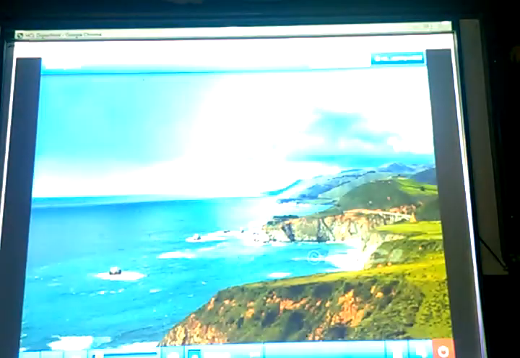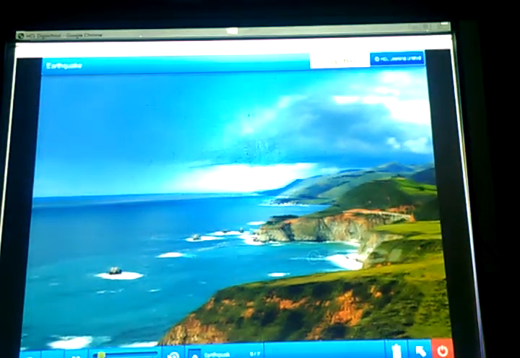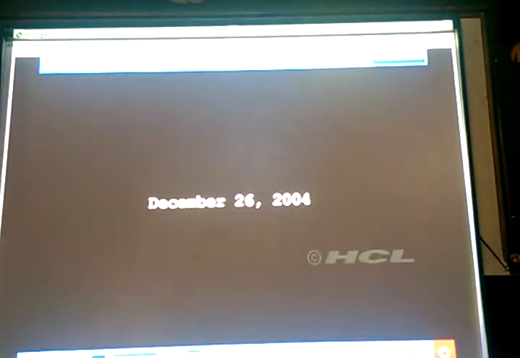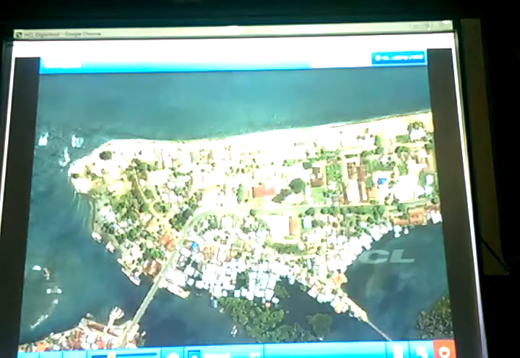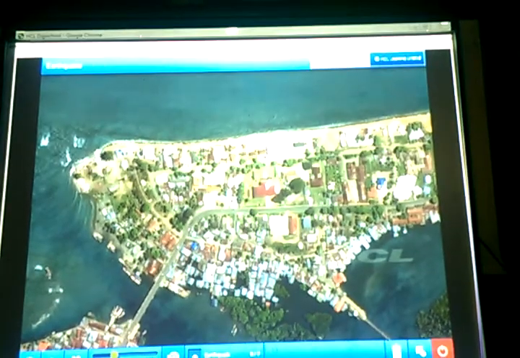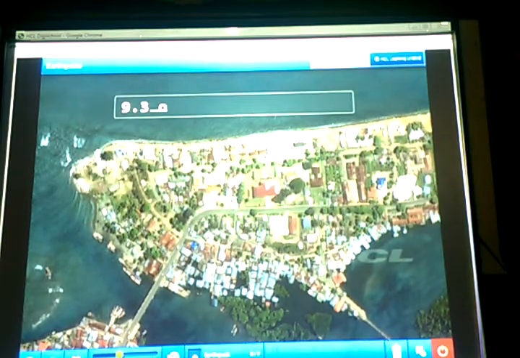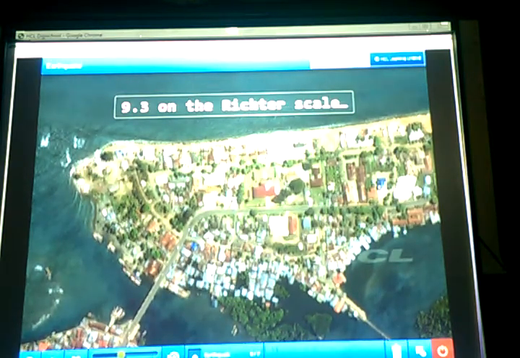Let us take the example of a major earthquake that occurred in the Indian Ocean. December 26, 2004. An undersea earthquake occurred and lasted for nearly 10 minutes. The magnitude of the earthquake measured 9.3 on the Richter scale.